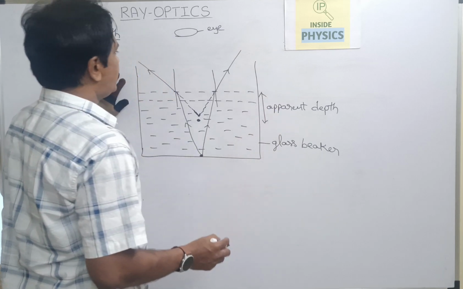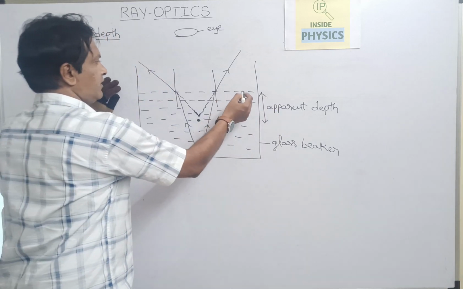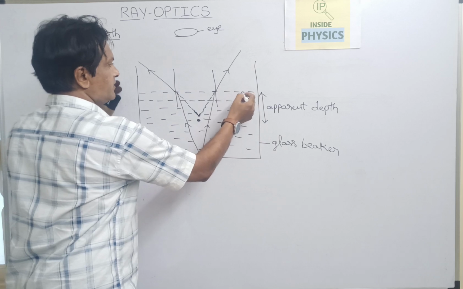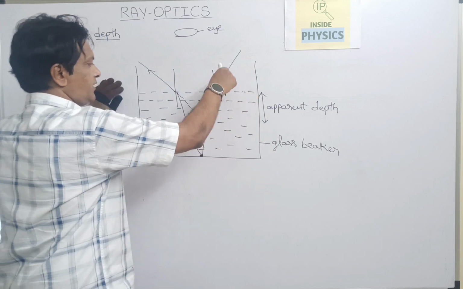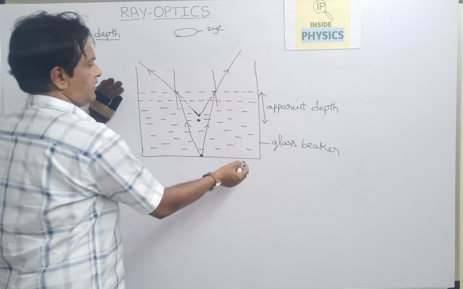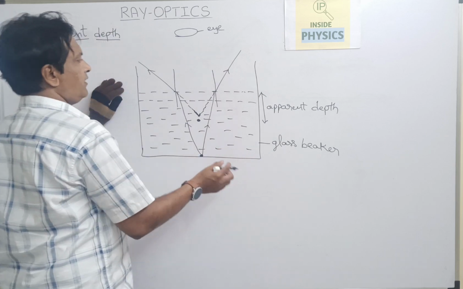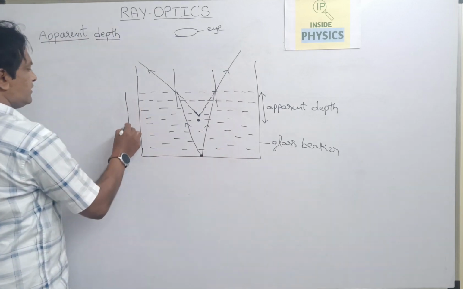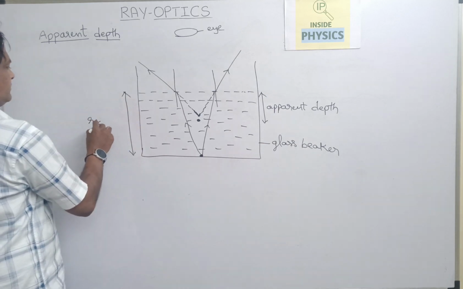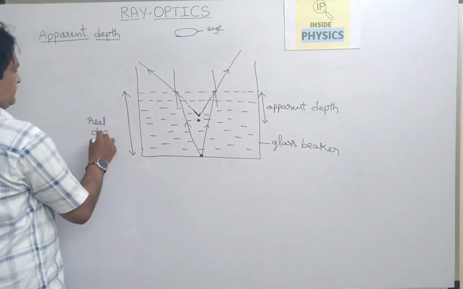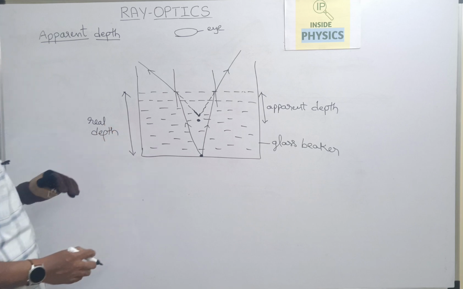The depth is always measured from the top surface, this is the surface level, and it is measured into the deep section until it touches the bottom level. So from here to here, this is called the real depth.